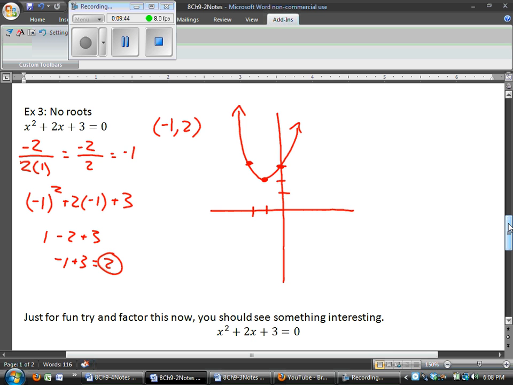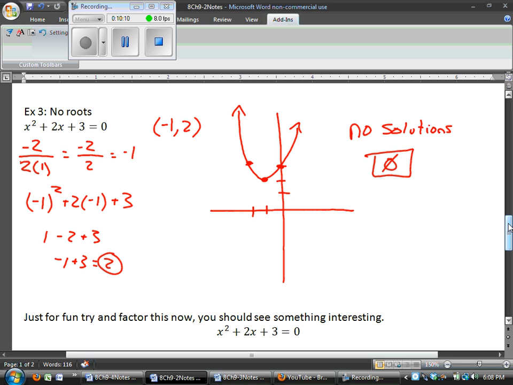It started above the x-axis, it opened up, and so we can't really do anything. So what happens here is that we have no solutions. So you can write no solutions, no roots, no zeros, or you can just put 0 with a line through it, the empty set, because there are no solutions to this.